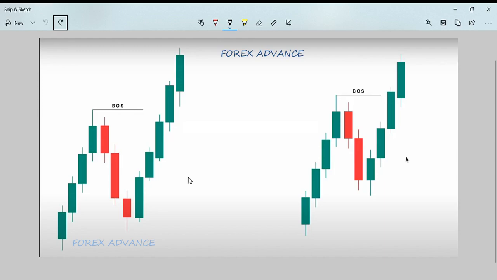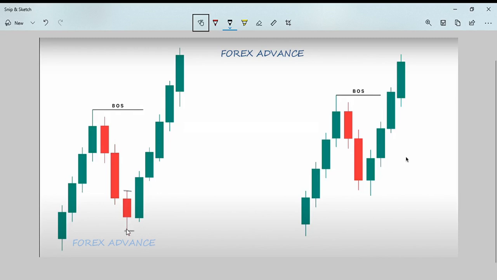But there is one more important thing. As I told you at the start of the video, this terminology is interconnected to the imbalance. So here is that point. I told you that this candle is your order block, but for this candle to be your order block, there must be imbalance here.